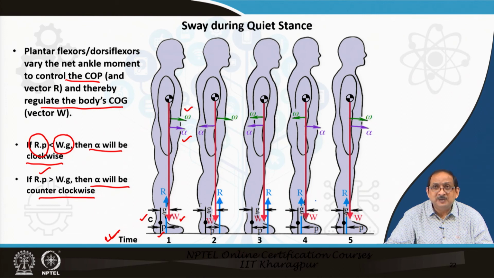In the second time instant, in order to correct this forward imbalance, the tendency of the body to move forward as indicated in time instant 1, the subject will increase its plantar flexor muscle activity, that is the ankle pushes down on the floor, which will increase the COP.